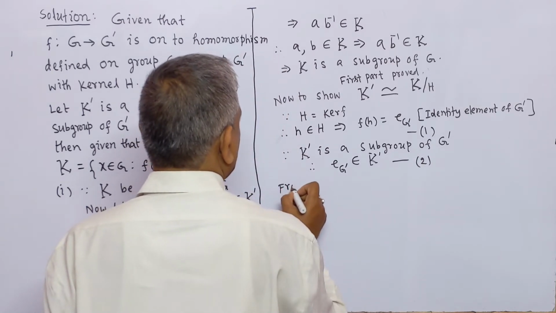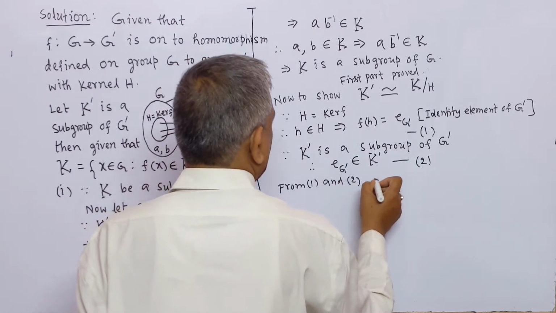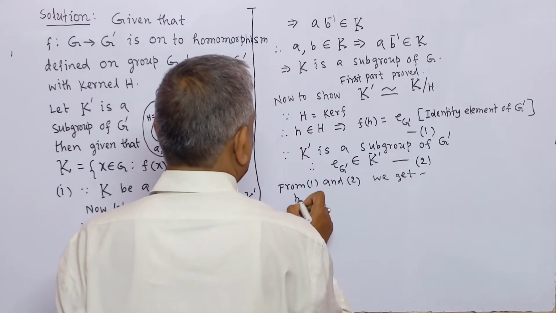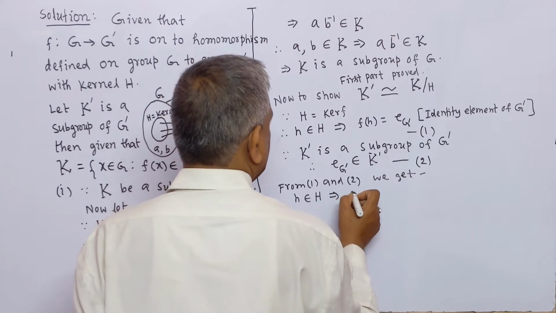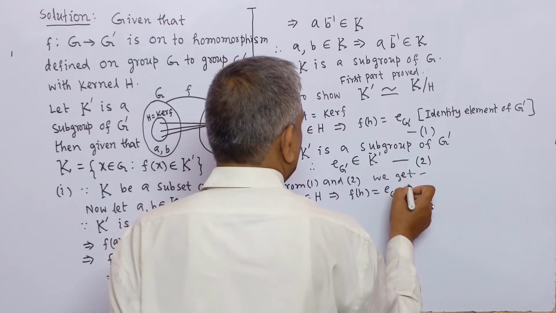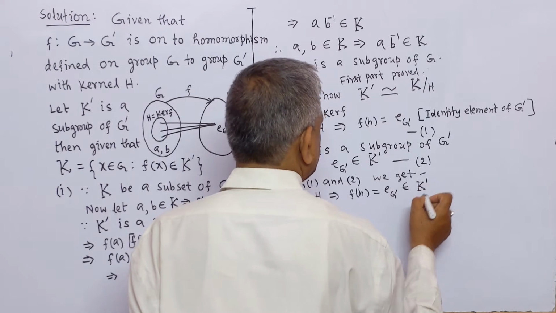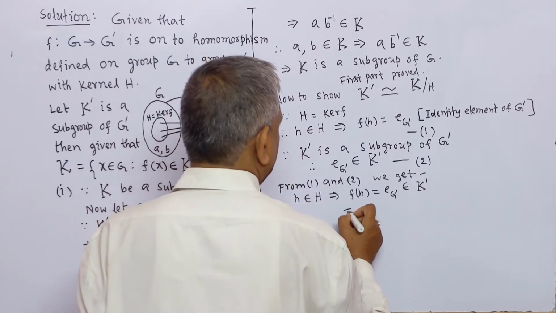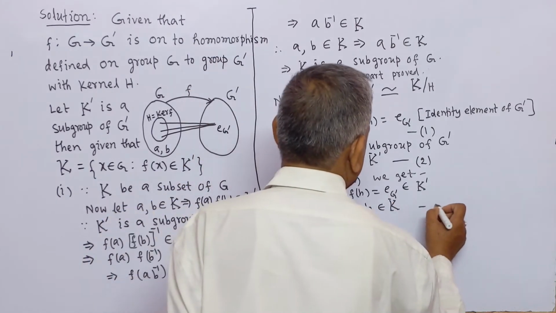From 1 and 2, we get h belongs to capital H implies that F(h) equals e_G prime, and e_G prime belongs to K prime. Therefore, F(h) belongs to K prime implies that h belongs to K. Let this be number 3.